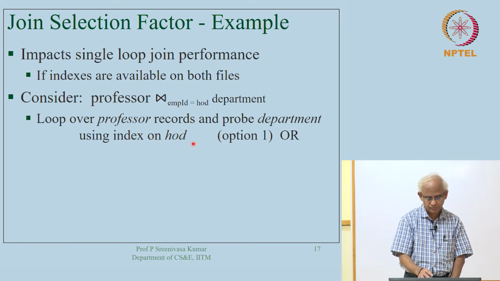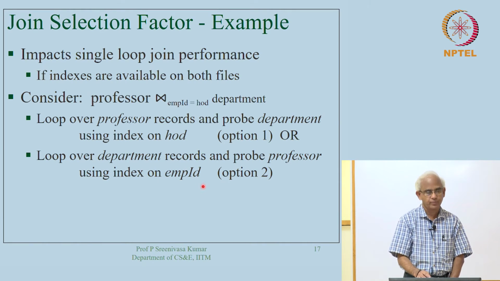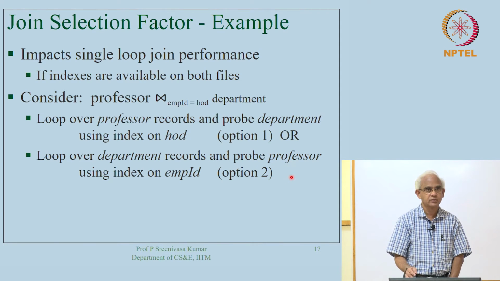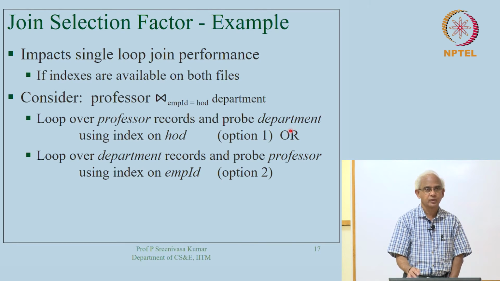Option 2 is to loop over department records and probe the professor using the index on employee ID. In option 2 whenever you do a probe, you will succeed, 100% success. Whereas in option 1, whenever you do a probe, only 5% of the time you will find the corresponding department.